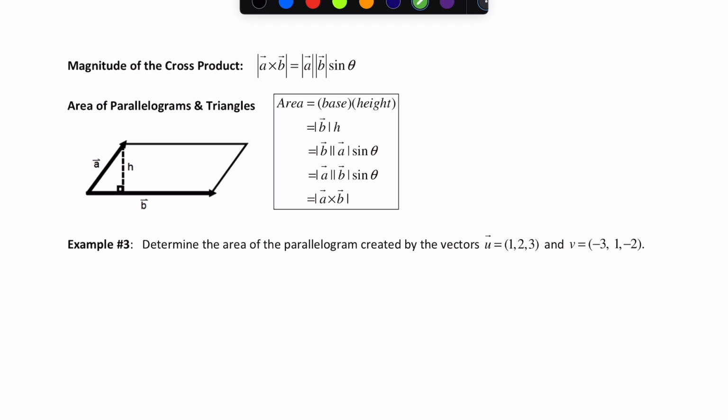So here it says to determine the area of the parallelogram created by vectors U, which is 1, 2, 3, and vector V, which is equal to -3, 1, and 2.